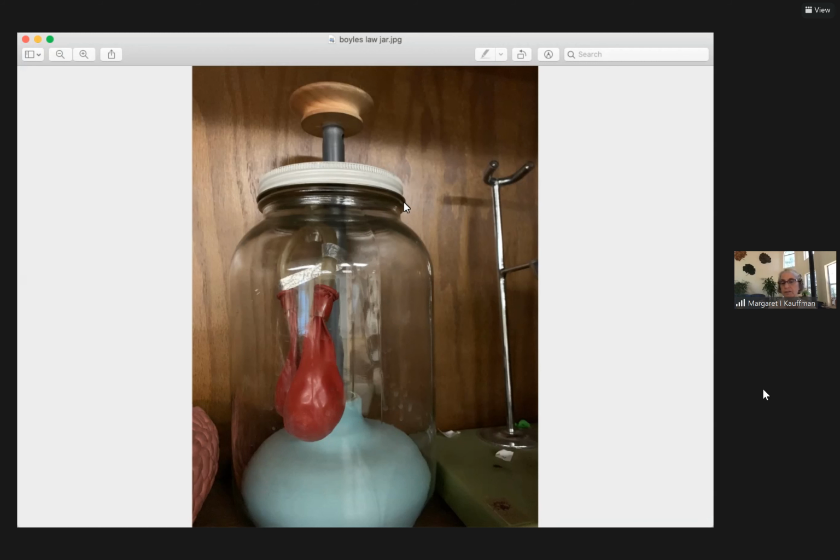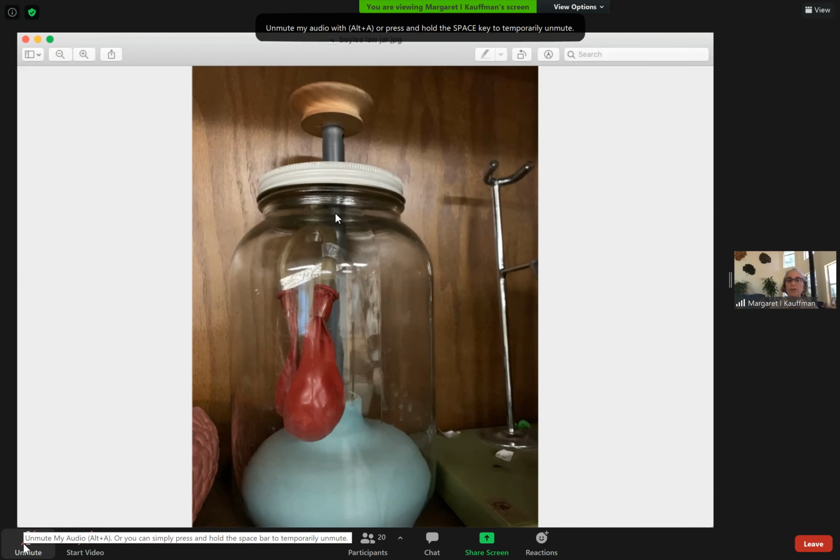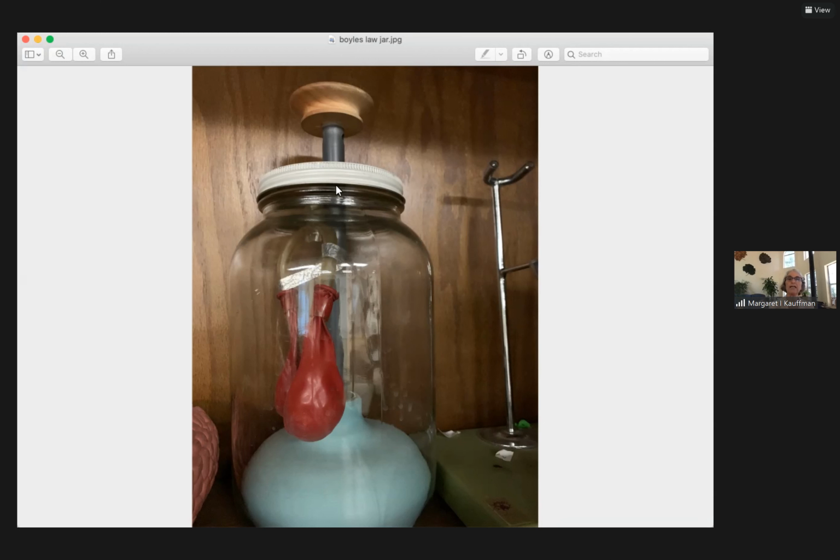Now, what you can't see or appreciate in this is that at the top, the only way the air can get in is if it comes into these bronchi. There's a little hole in the lid, and it connects to these two tubes that are representing the bronchi. To flatten the diaphragm, you push this plunger up here.